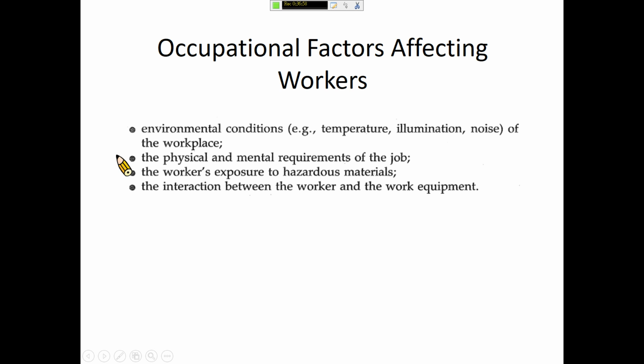We just mean it because it's difficult to verbally describe that relationship. Okay? When we say affect, that's probably more true. These factors do affect the workers. Okay?